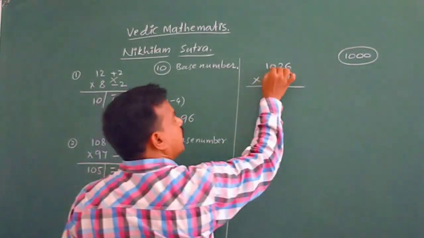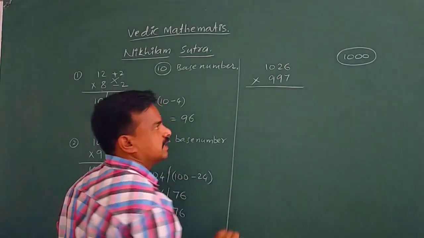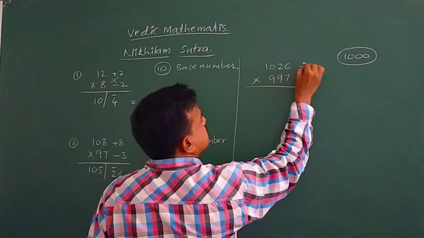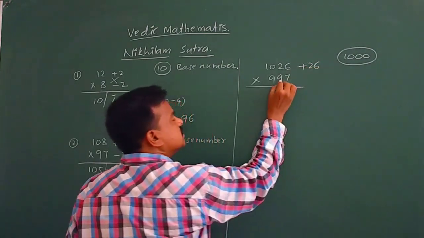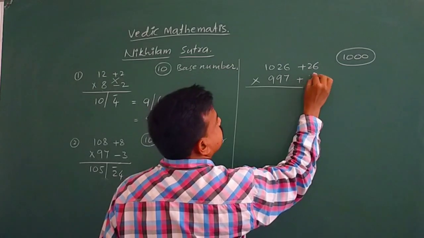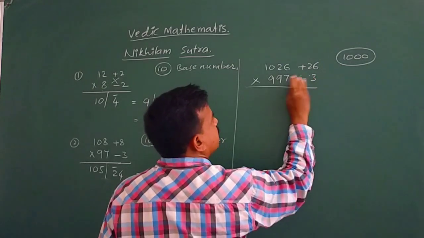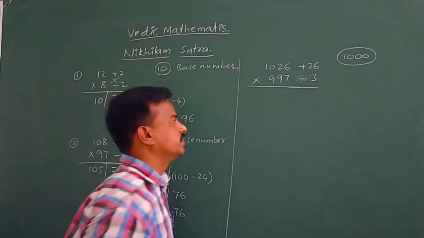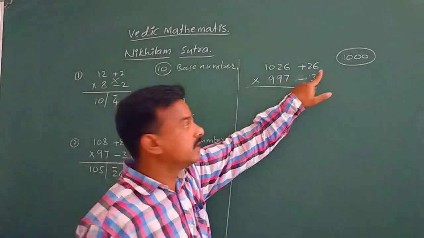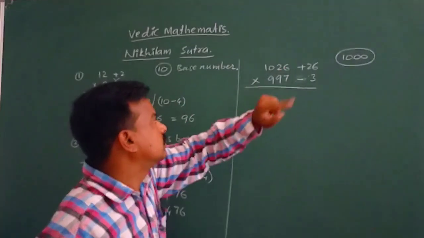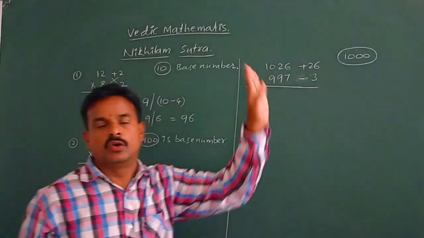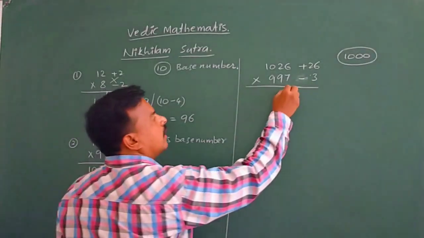One number is more than 1000 and one number is less than 1000. How much is it more than 1000? 26, plus 26. How much is it less than 1000? 3, that's why we keep here minus 3. So 997 is less than 1000 by 3, and 1026 is more than 1000 by 26. Like this we write.